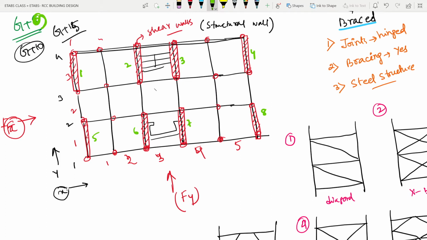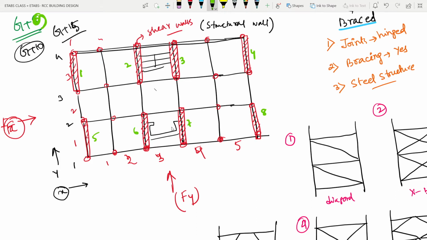So if I just talk about the y direction frames, those columns are meant to resist the gravity loads. But in the x direction, obviously, as these columns are part of these frames, they will also be taking the lateral force from the x direction. So here the shear walls are resisting the lateral force, and the columns are resisting the lateral force for the other direction.